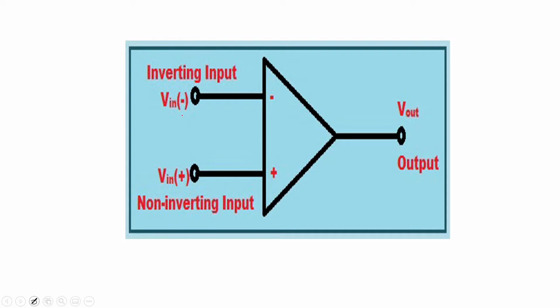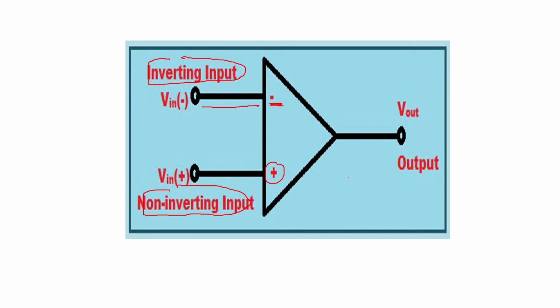This terminal is your inverting input, given to the minus point, and this is the non-inverting input, given to the plus point, and here you get the output.